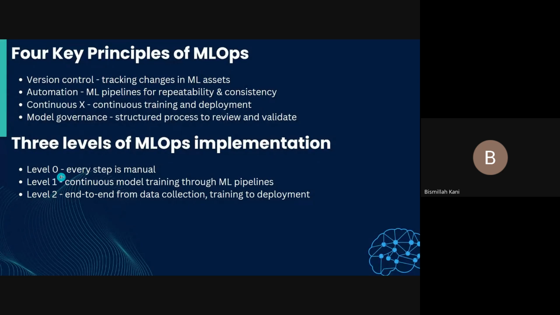Level 0 is where every step in your machine learning development and deployment is manual. So you just open up a Jupyter notebook, you start installing all the Python libraries, and you also do not track those Python libraries.